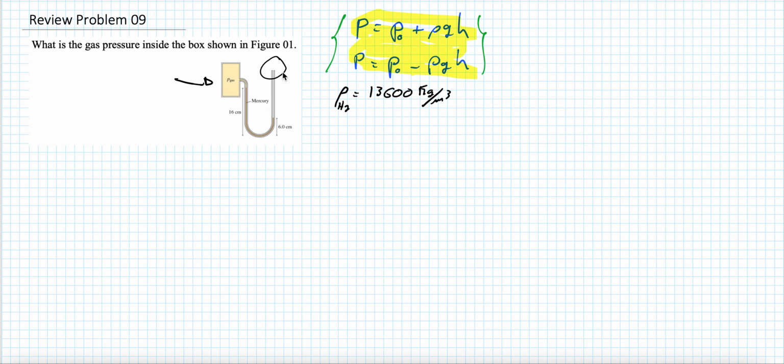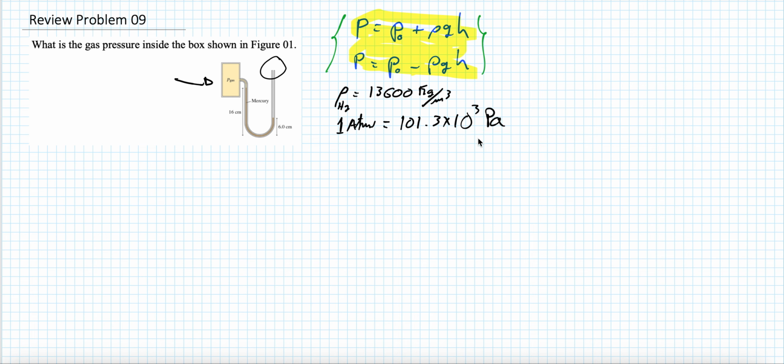Because it's open, we can consider the pressure measured at this point as the surface pressure, I mean sea level pressure. So it's going to be 1 atm, and 1 atm is equal to 101.3 times 10^3 Pascal.